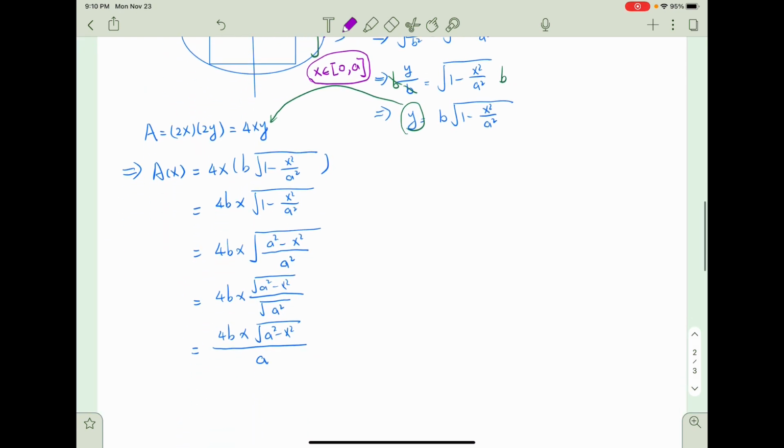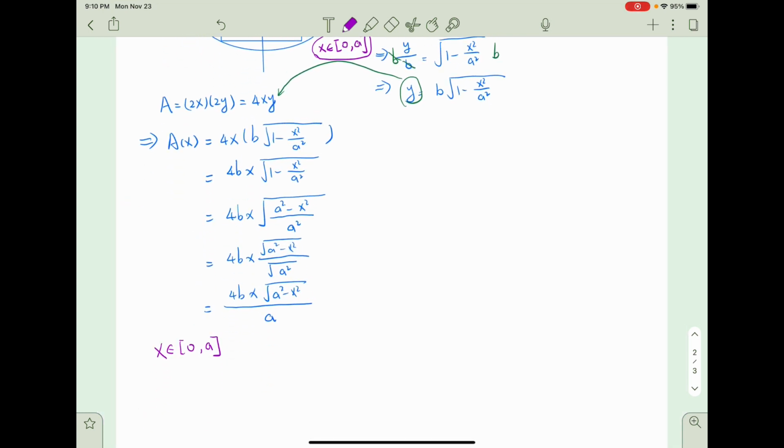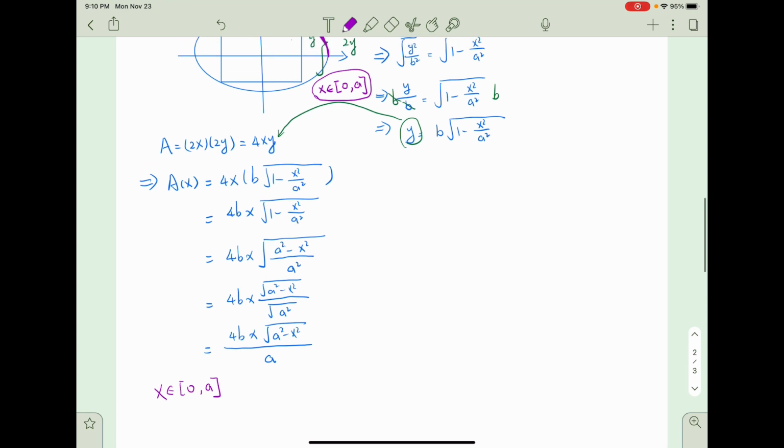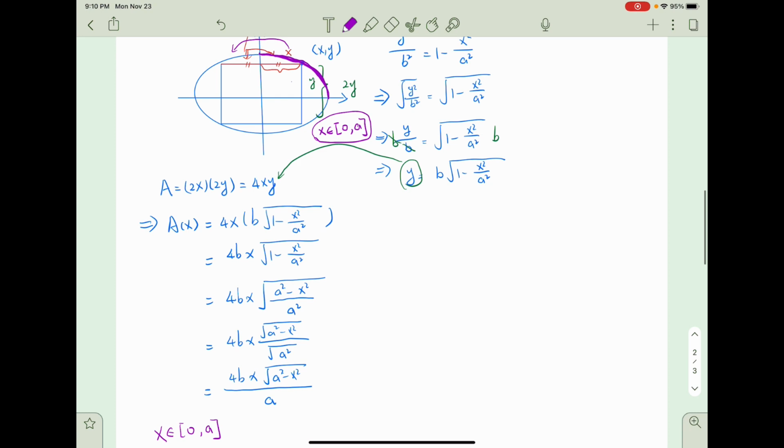So that is why we can just assume that x is from 0 to a, a closed interval. Some of you may ask, why don't we use an open interval? Because if x is 0, then the area of the rectangle will just become 0.